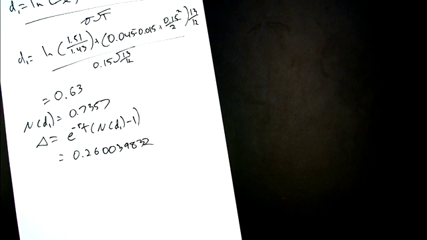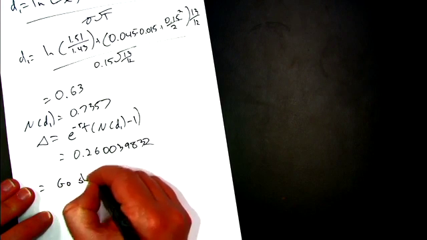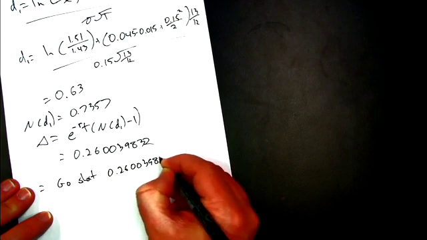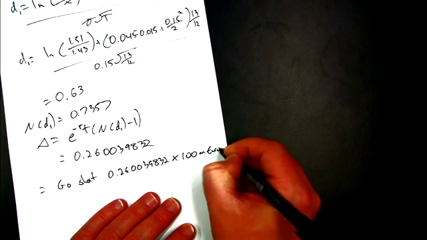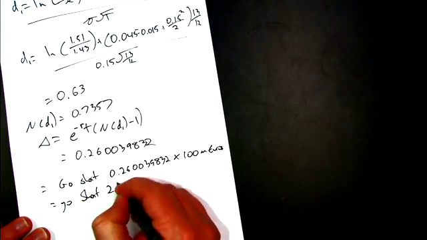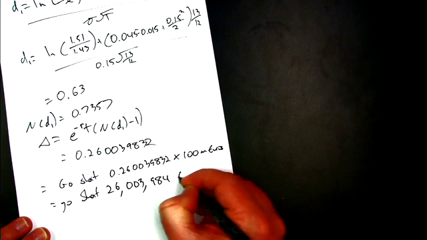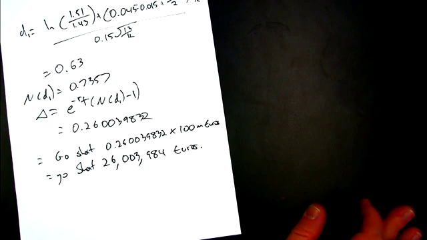Ignore negative, positive signs. Because I'm short in this put option, I know I need to be short in the underlying asset. So I'm going to have to go short 0.2600398832 times 100 million euros. So I go short 26,003,984 euros.